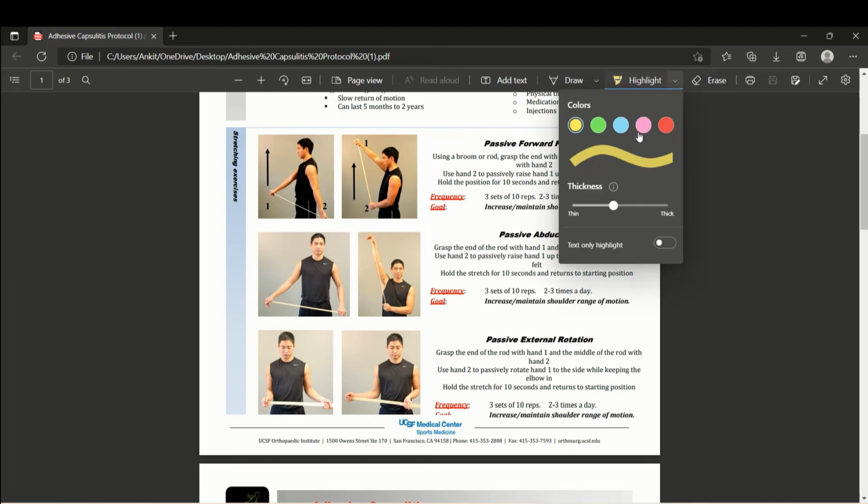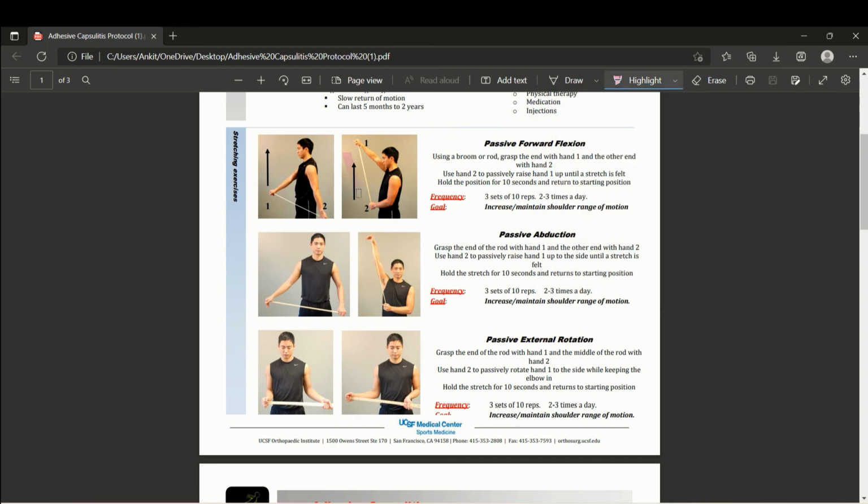In passive forward flexion, the patient is using a wand. This is the wand, and by holding the wand with the right hand, the non-affected one, and holding the wand above with the affected hand, the patient has to do this movement.